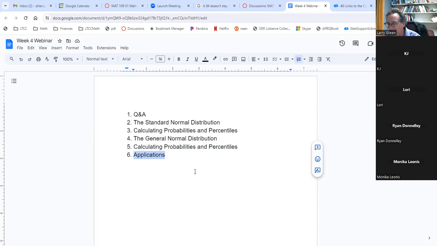So as I mentioned, the normal distribution is really important. I'll also give you a heads up. This is week 4. What's important about the number 4? Yeah, the 4 is an even number, and we have an exam on every even numbered week. And so don't forget there is the week 4 exam to take.